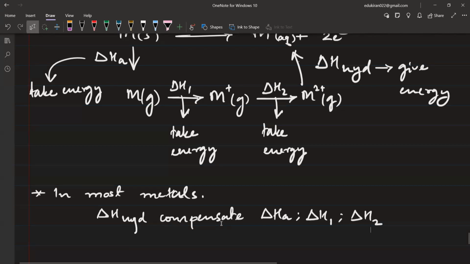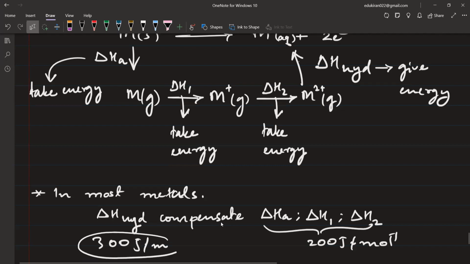That means, for example, सब का sum कितना आ गया, मान लीजिए आप लोग इन सब का sum आ गया 200 joules per mole. Okay, so delta H hydration enthalpy जो most of the metals के लिए रहेगा, it will be higher than this. It will be 300 joules per mole.